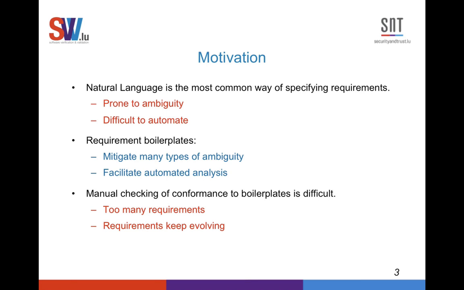One solution to address the cons of natural language requirements is to follow a certain template, or boilerplates as we call them. Using boilerplates mitigates many types of ambiguities and makes automated analysis easier because of the structure and preciseness they bring to natural language.